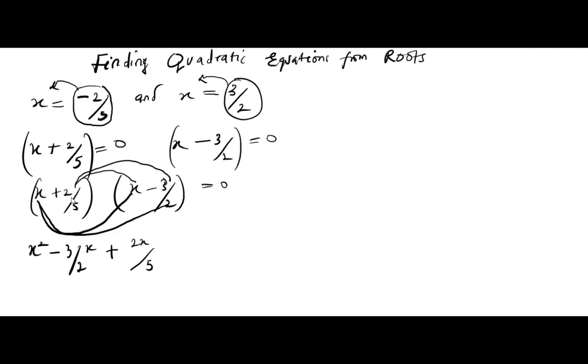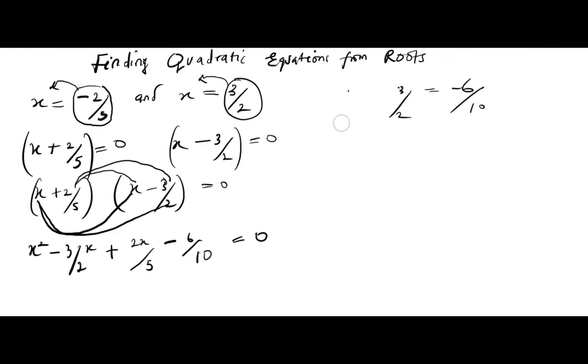Then positive 2 over 5 times negative 3 over 2: 2 times negative 3 equals negative 6, and 5 times 2 is 10. So we have negative 6 over 10 equals 0.